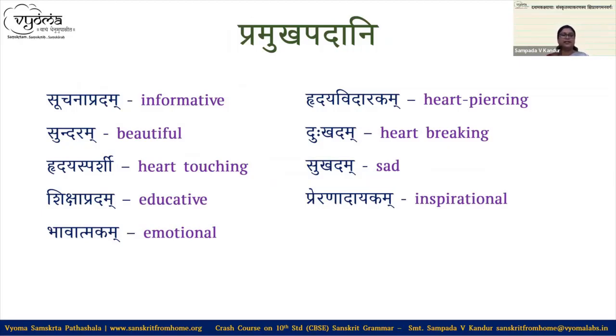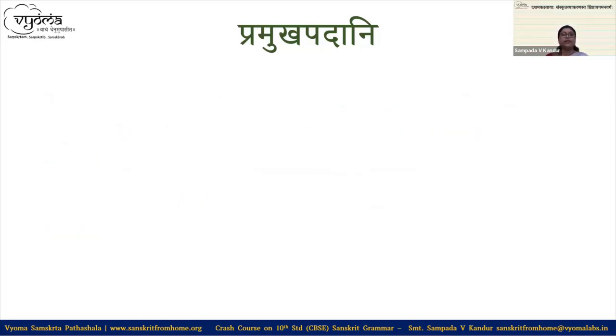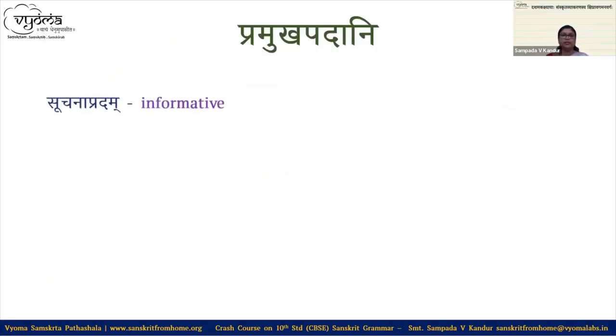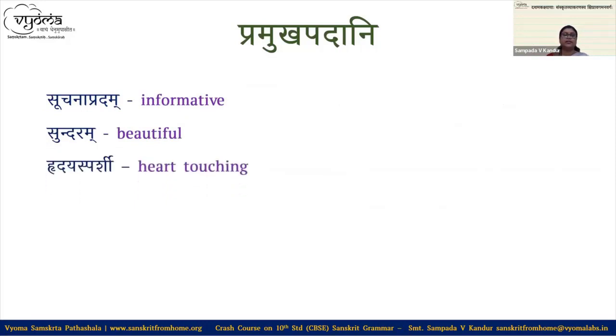The picture tells you about some information. Then what will you write? Okay. How will you use that word here? Etat ativa suchana pradam chitram asti. Got it? That is how to use sentence number 6 to depict your picture. Okay. So etat ativa sundaram chitram asti.